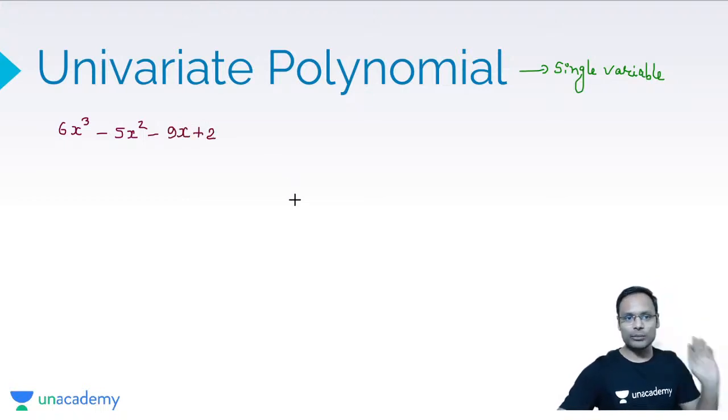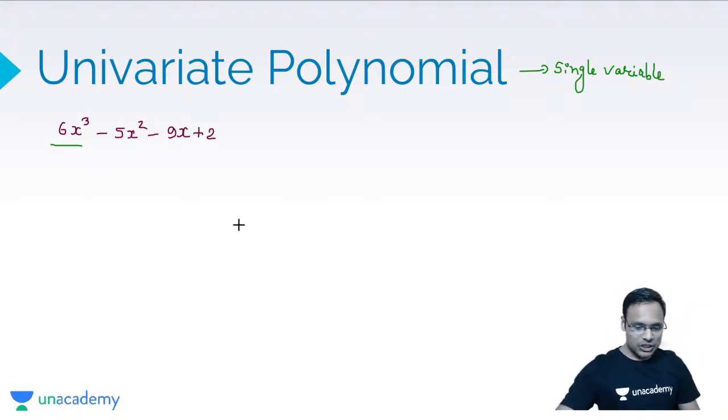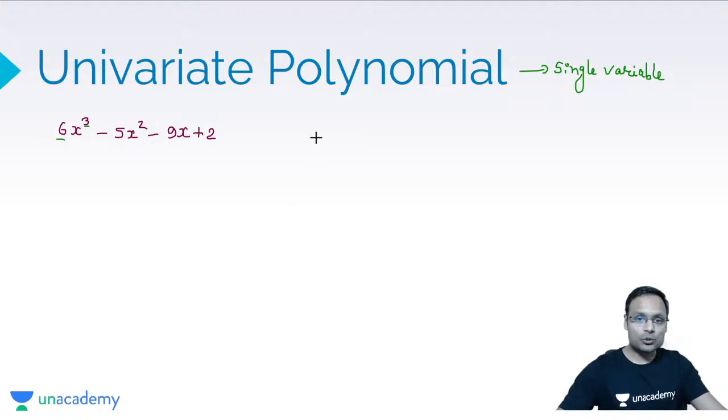This is one polynomial. Now how to store this polynomial in linked list? Each term will be stored on one particular node. How? Each term has a coefficient and the power exponent. So the node will look like this.